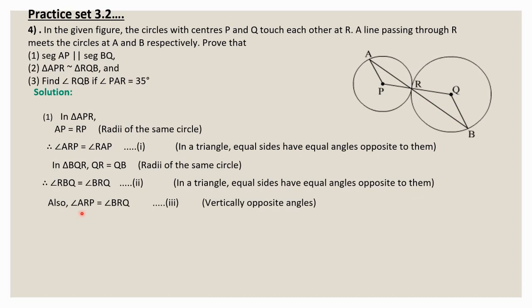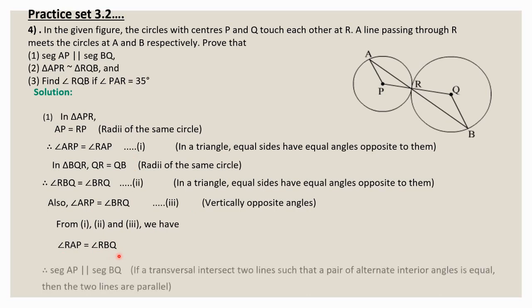Also, angle ARP is equal to angle BRQ as they are vertically opposite angles, and we know that vertically opposite angles are equal. So from 1, 2 and 3 we have angle RAP is equal to angle RBQ. Therefore, we can say that segment AP is parallel to segment BQ.